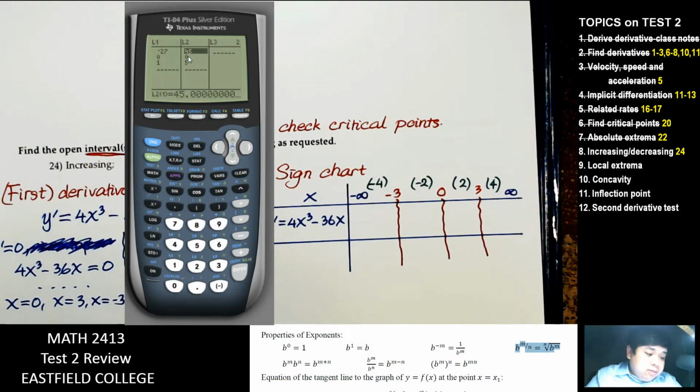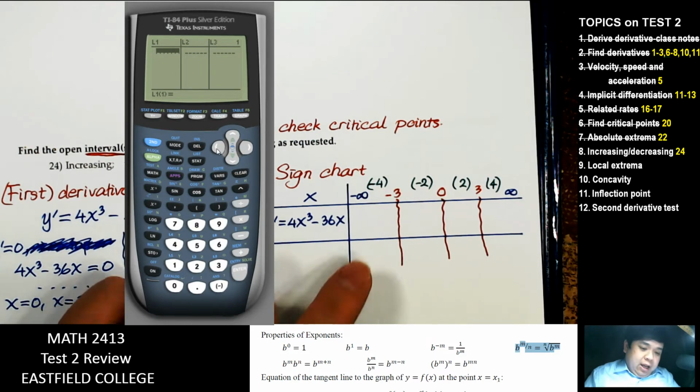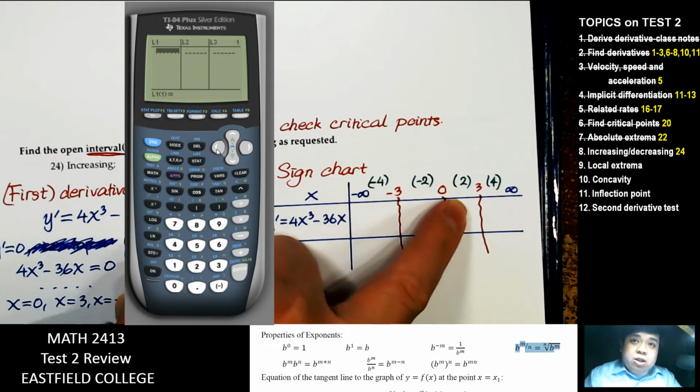First we need to clear this. When we clear, highlight the list, hit clear, and enter. Do not hit delete. Just clear and enter. Right. Now we have the points. Those are the test points.